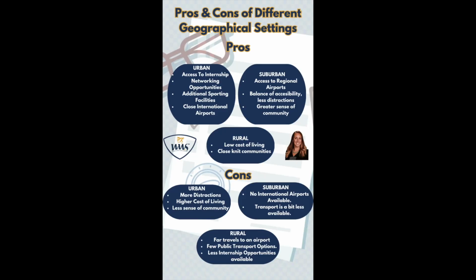So this is going to give you access to internships, additional cultural diversity events, additional training facilities, and a lot of networking opportunities. However, living in a city does tend to cost more than living in a suburb or in a rural area. So housing might be more expensive, especially if you're living off campus. There is the potential for some other distractions because you've got other things happening in the city, since cities are so robust and vibrant.